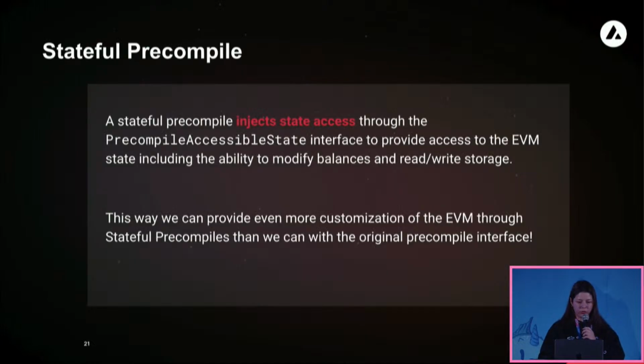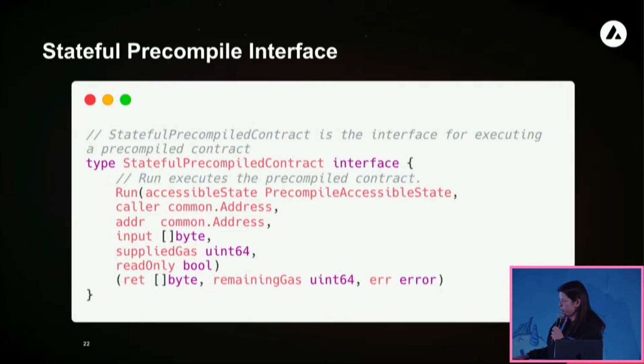But when we come to stateful precompiles, this stateful precompile actually injects a state. It can actually have some state access to the database that we're working with. So it needs to implement some other structure which has the run function and has this precompile accessible state.